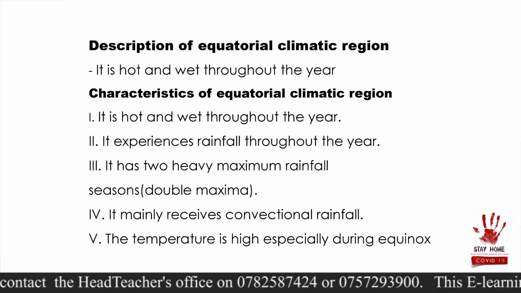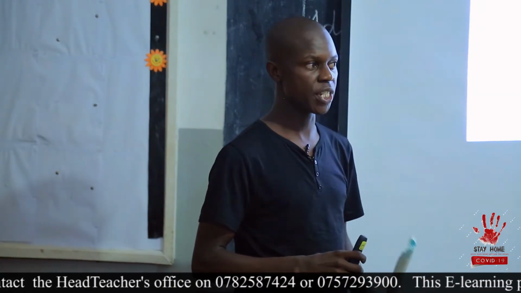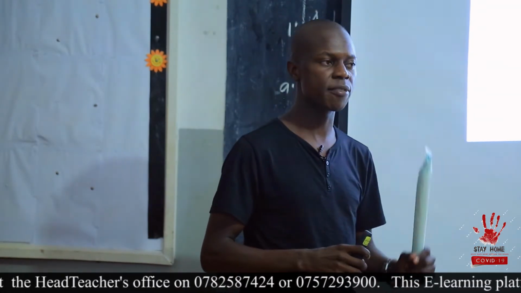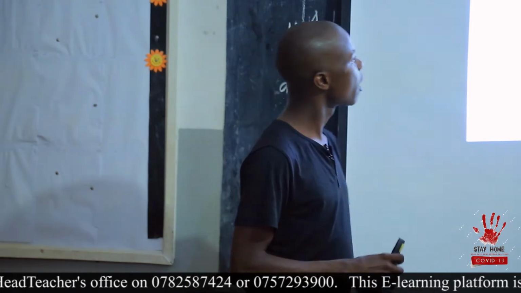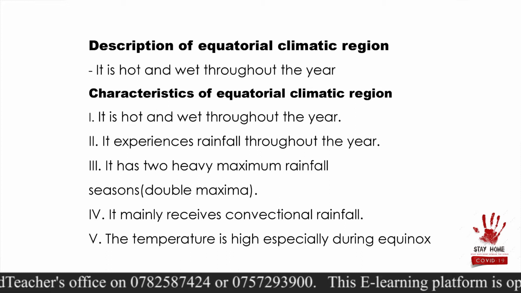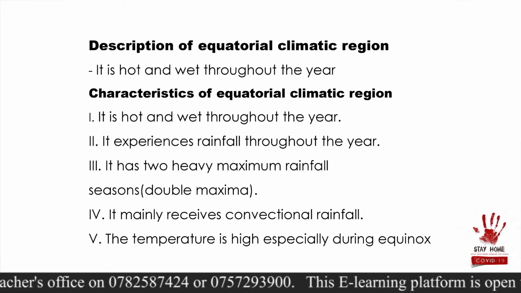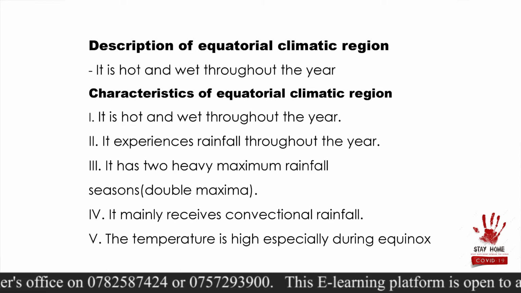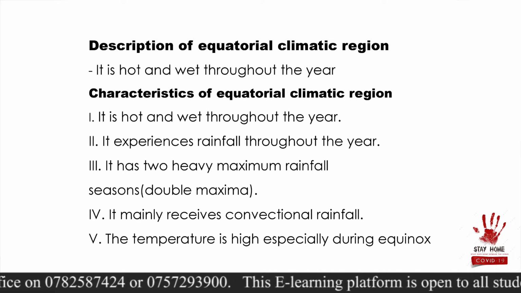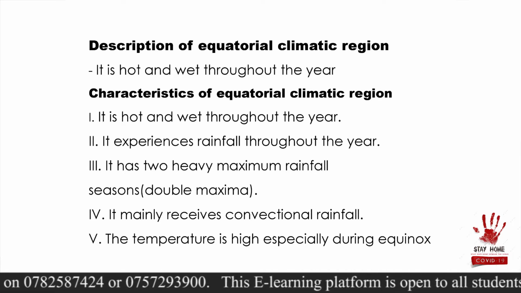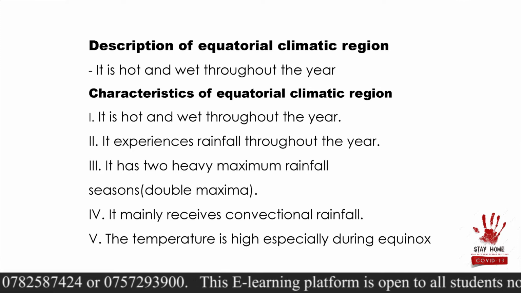Meaning the two seasons experienced in that region have very, very heavy rainfall. Then it mainly receives convectional rainfall. Remember in P4 you learned about the types of rainfall. We have three, and in the equatorial climatic region, it mainly receives convectional rainfall.